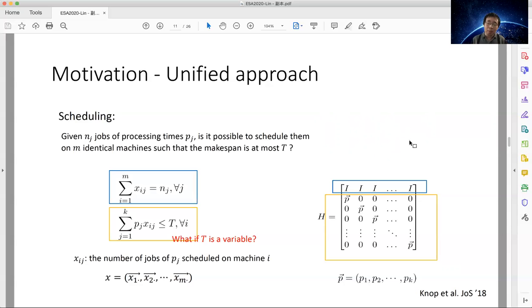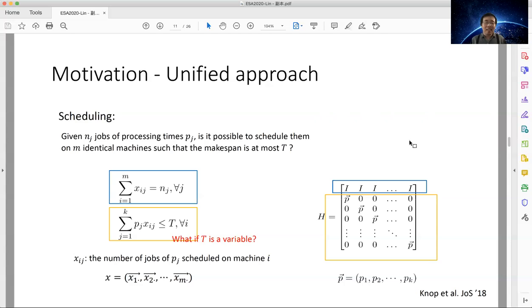Let me further point out the relationship with the full block n-fold we are considering. Let's think about a very natural problem. Let's take one step further on the scheduling problem by asking, what if T, the target makespan, is no longer a fixed value, but rather a variable?